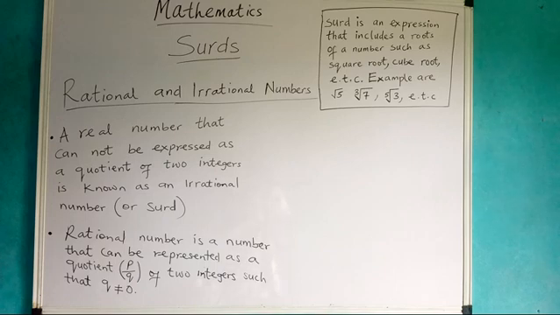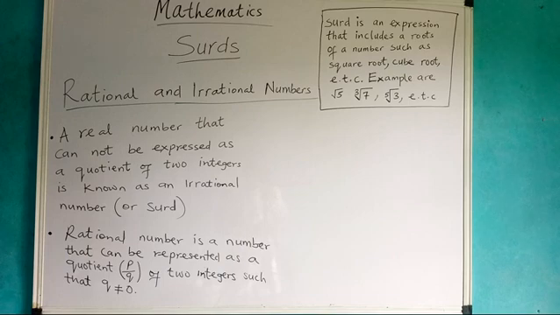As far as such numbers or expressions cannot be expressed in the form of fractions or decimals, such expressions are called irrational numbers. And we can also call them surds.